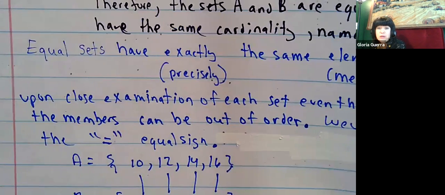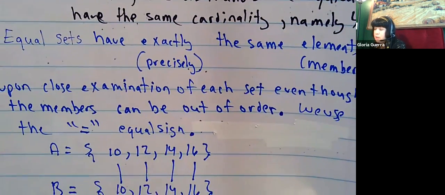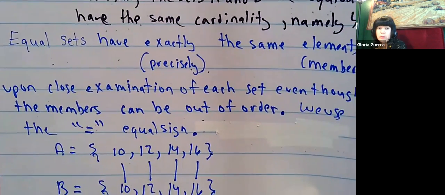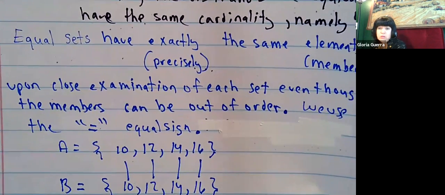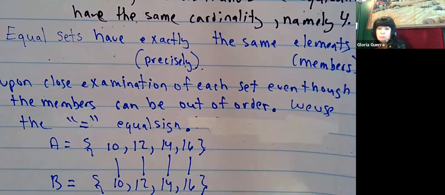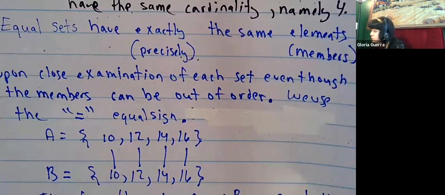Originally I said equal sets have exactly the same elements, precisely the same members, right? Upon close examination of each set, even though the members can be a little bit out of order, you put them in order and you check them out.